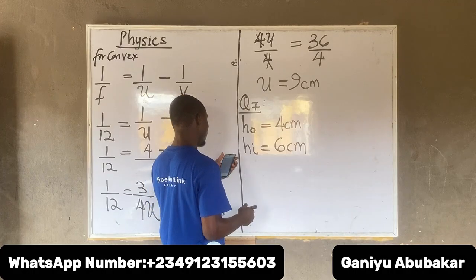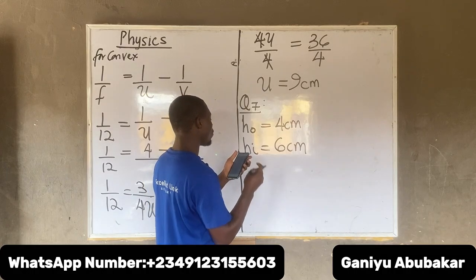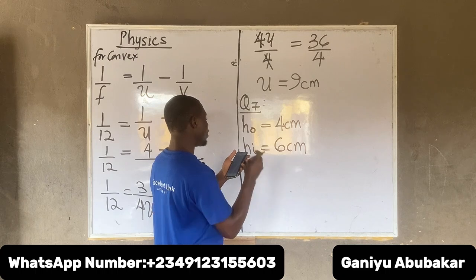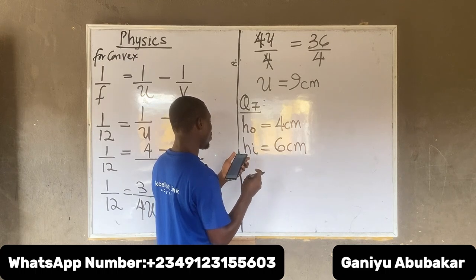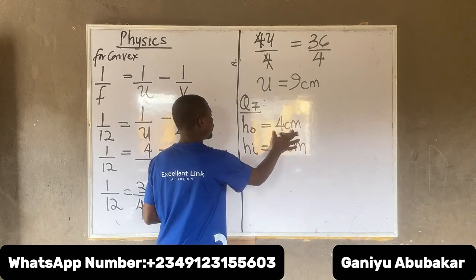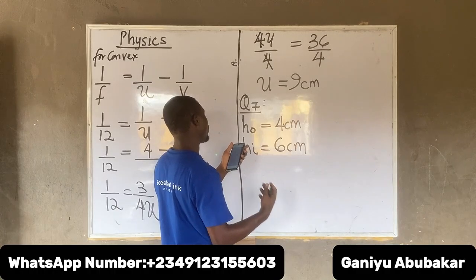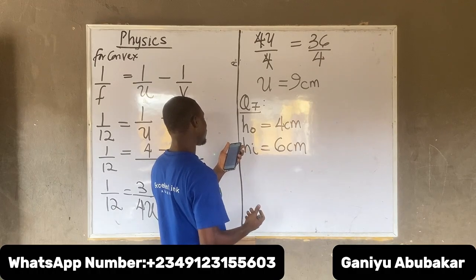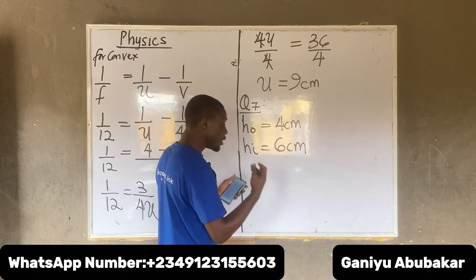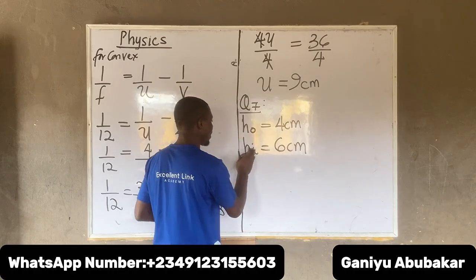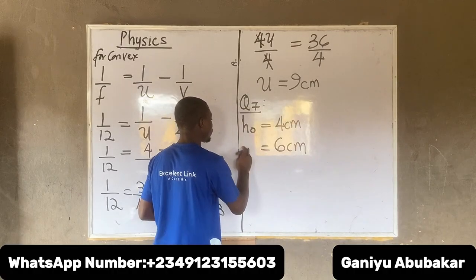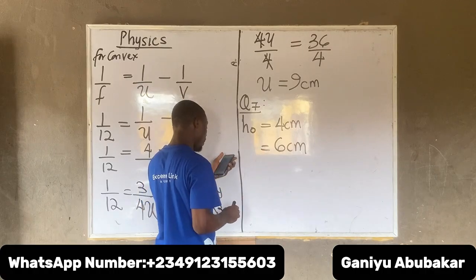Please listen to the question. An object of height 4 cm is placed in front of a cuboid pinhole camera of size 6 cm. So it's placed in front. That's distance. Distance of what there?